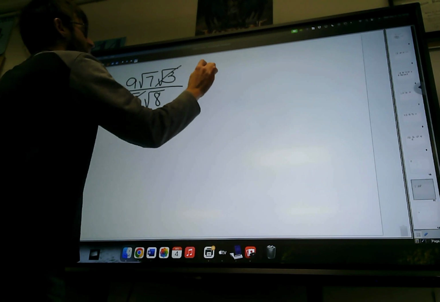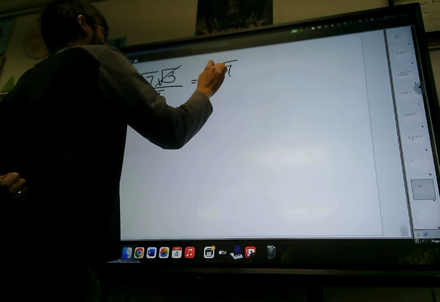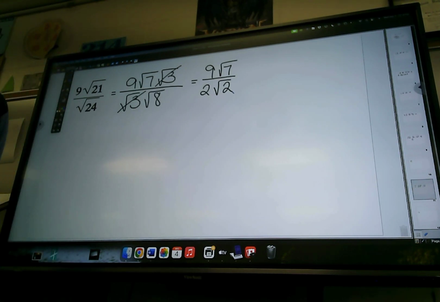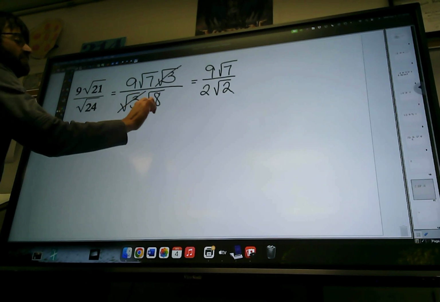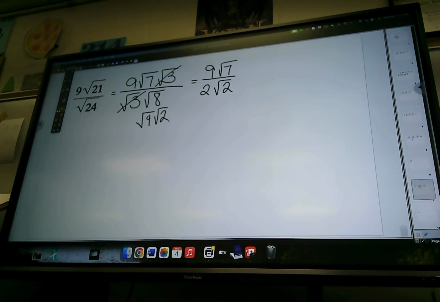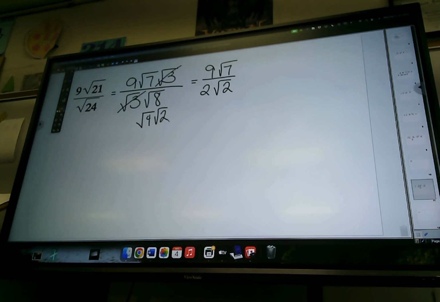So now I have 9 square root of 7 over, I'm going to say 2 square root of 2. Because what I can do is I can break the square root of 8 up into the square root of 4 square root of 2. That is 2 square root of 2. So I'm always thinking if I can reduce a radical or reduce a fraction.